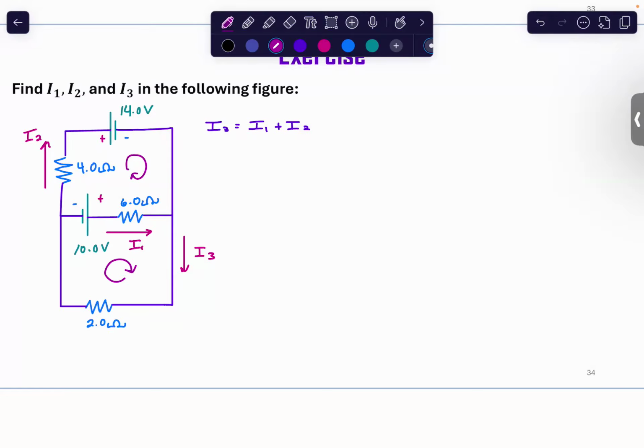It goes battery to 6 ohm resistor to battery to 4 ohm resistor back to the original battery, because you're just going around that loop over and over again. Let's look here. No, it doesn't matter which way you go.